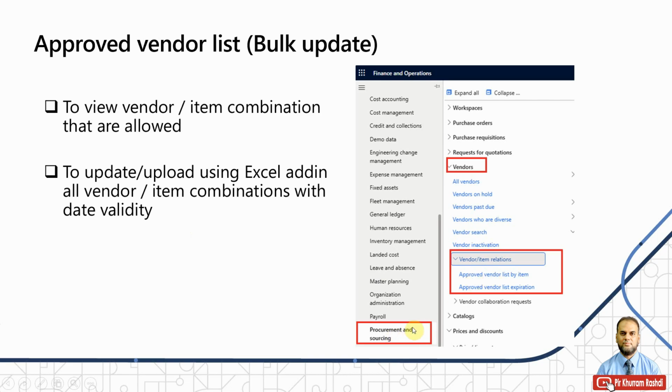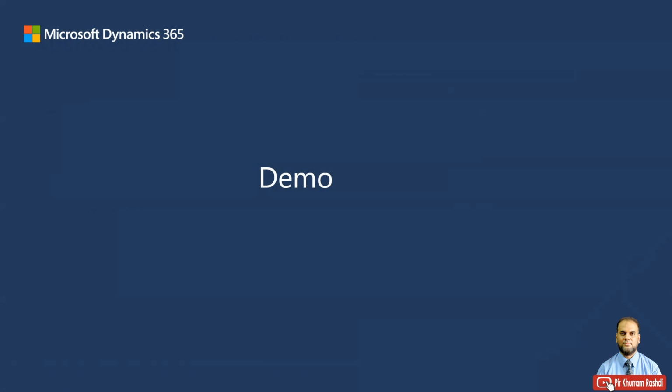As you can see on the left hand side, the burger menu. On the right hand side, you can see the vendor group, and under vendor group there is another group, vendor item relations, and approved vendor list by item. Then there is a second link called approved vendor list expiration, that will also show the same form with the expiration dates. Okay, now we will jump into the demo.